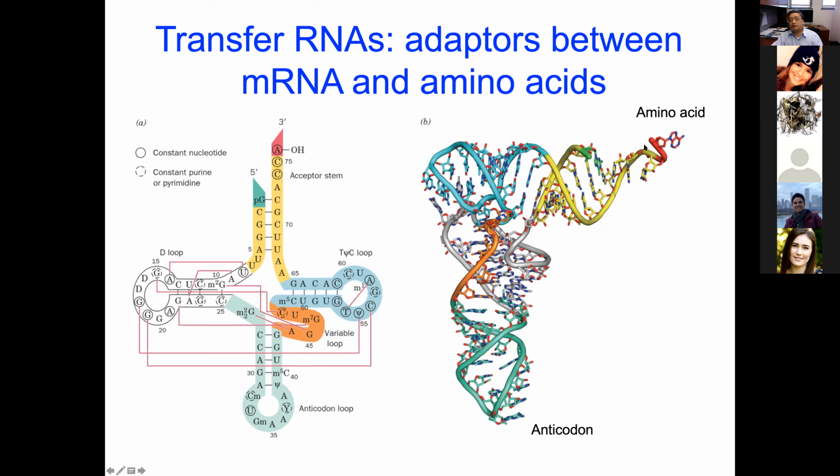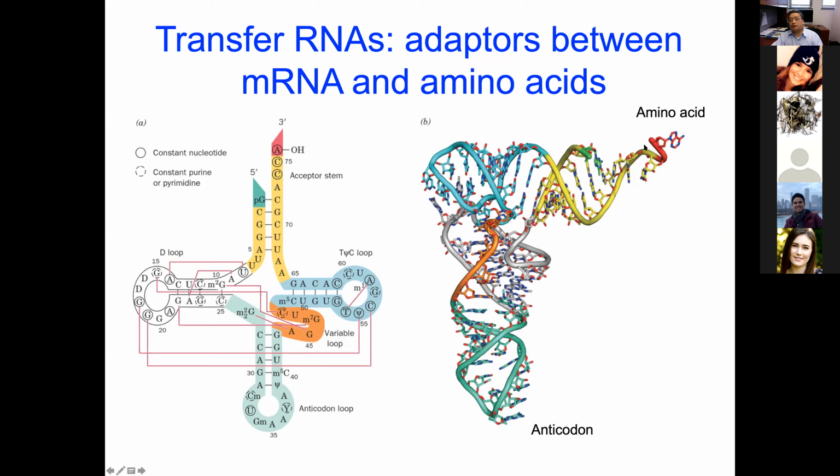For example, if the third position of a tRNA anticodon is a U, it can recognize a triplet codon ending with either A or G. If it is a C, it can only recognize G. If the third position is a G, it can recognize two.